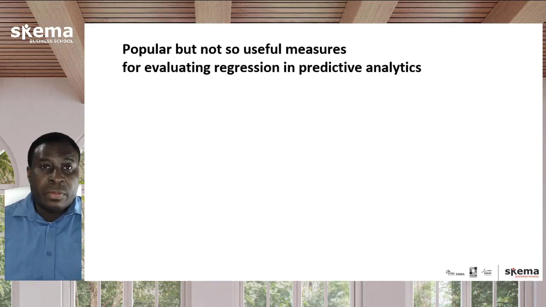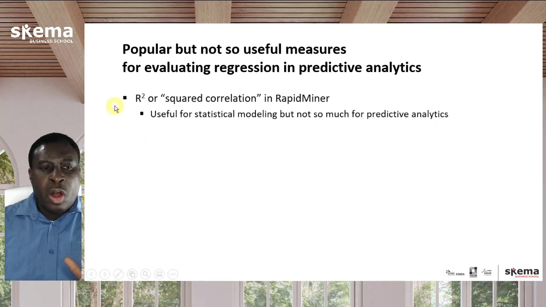I'd also like to talk about some popular measures which are quite often used, but perhaps are not as useful for evaluating regression in the context of predictive analytics. First, the R squared, or the squared correlation as it's called in RapidMiner, is a very popular technique. In fact, it's the most popular in statistical modeling. But statistical modeling is different from predictive analytics.